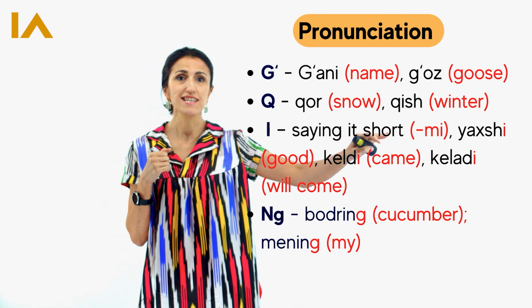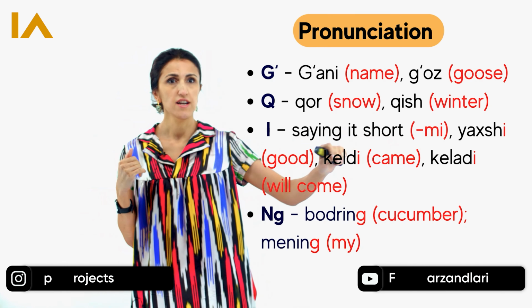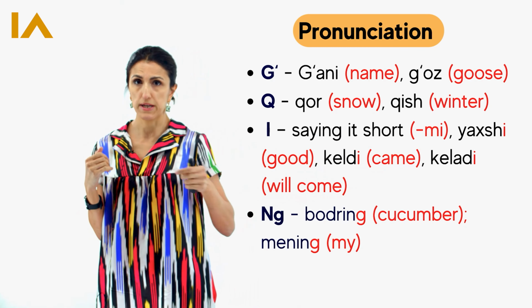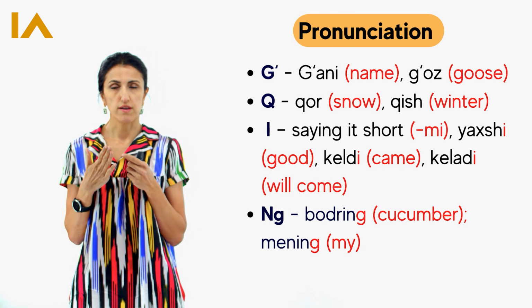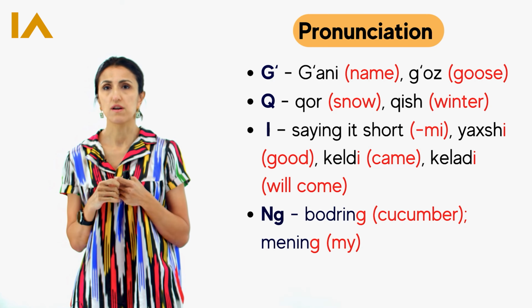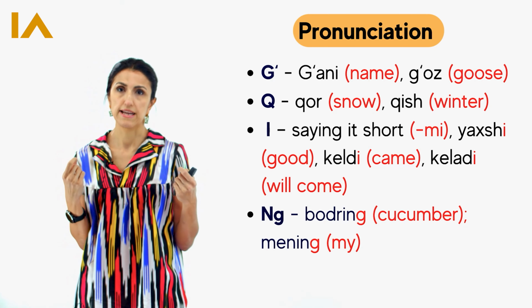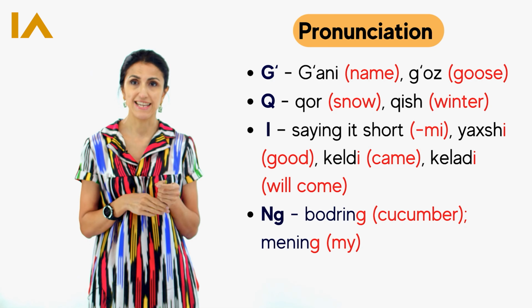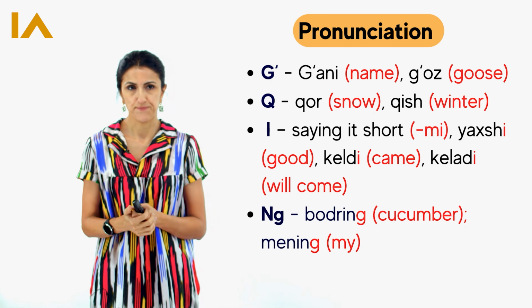Yaxshi is yaxshi, not yaxshi. Keldi, or kelade in verbs. Also, when it comes in the end, it's short. Keldi, kelade, right? There are a few words that where we use it in a long way, like chiroyli, right? Especially with li ending. But there are not so many of them.